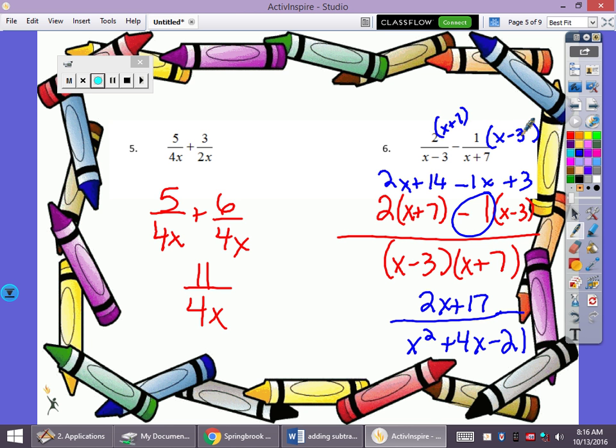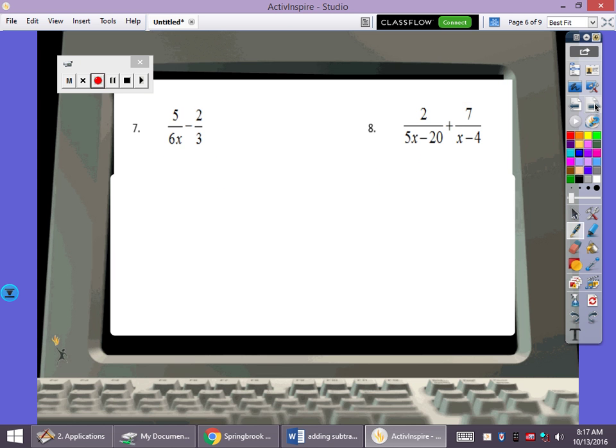Negative 1 times a negative 3 is positive 3. Oh, I forgot. 1x plus 17. Sorry. Yes. You left the bottom factored. That's okay.